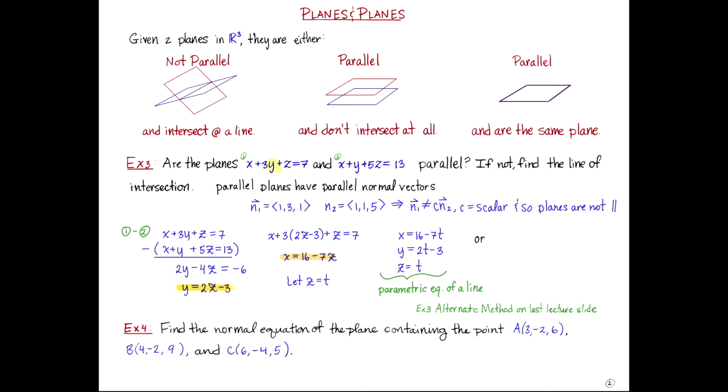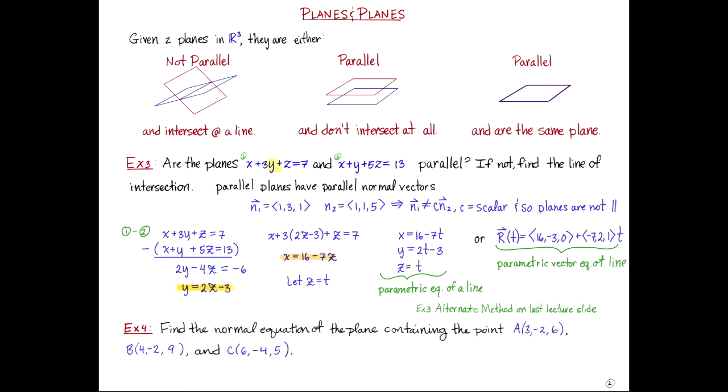Or we could write it in the parametric vector form, giving us r of t equal to 16, negative 3, 0, plus negative 7, 2, 1 times t. This is the parametric vector equation of a line.